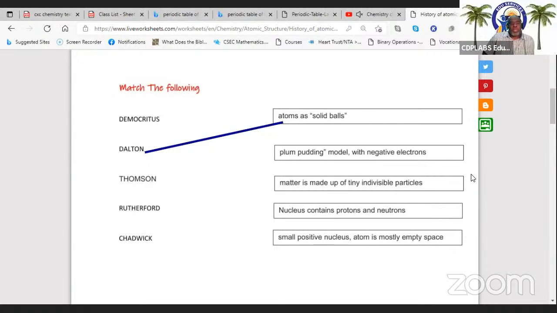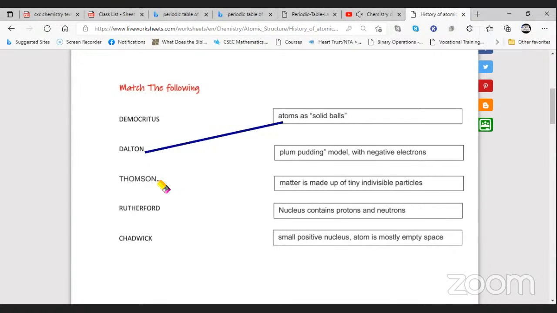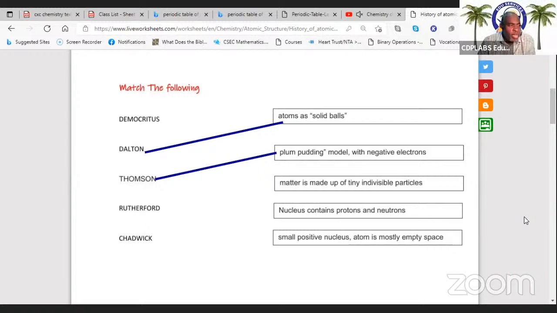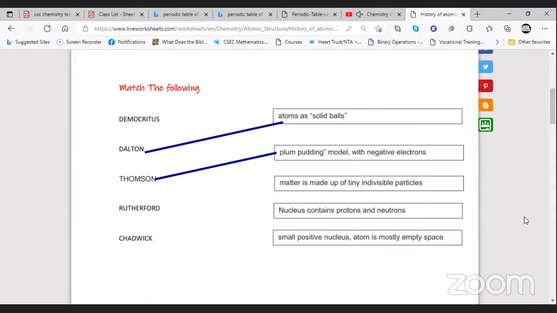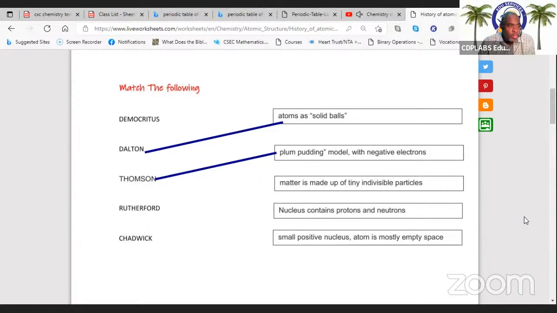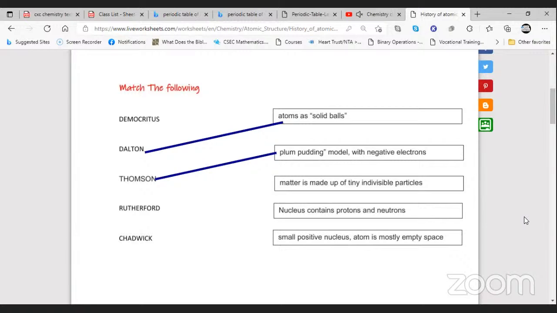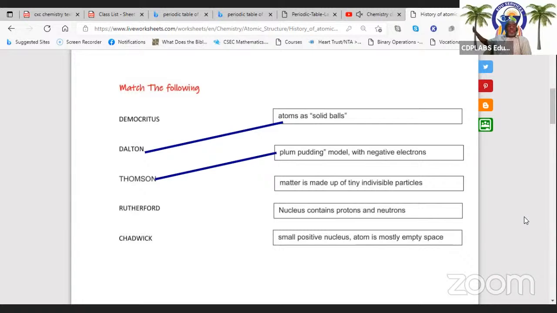Thomas did the plum pudding. Plum pudding. Okay. Wait, hold on. Kadina have any? No, sir. Yes, sir, I'm searching. You must can find one.